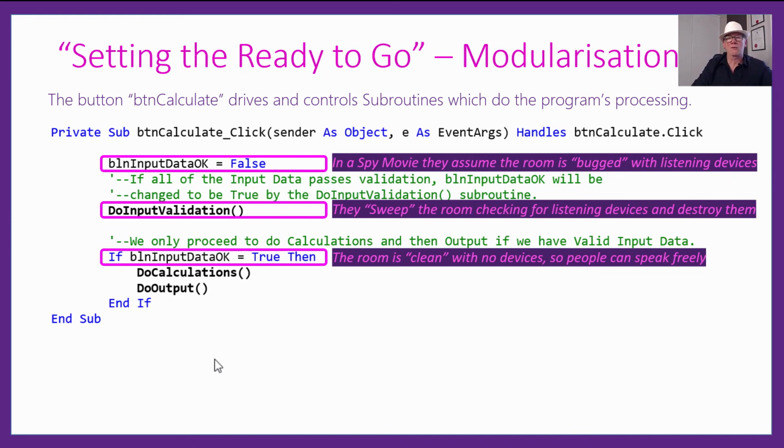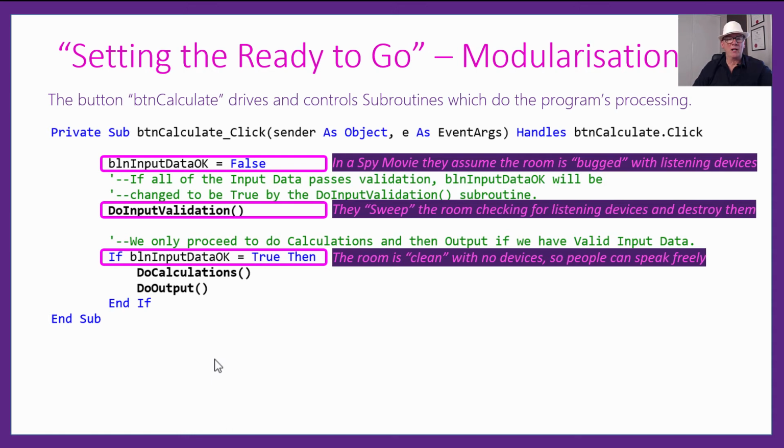So this is a really useful little set of standard code that you're going to use in every program you make. You're going to modularize it. You're going to set, okay, things aren't all right, let's set it to false. Let's do all of the checks that we need to do for the data, which is on the form and the radio buttons and things for this particular program. We'll put that in a whole separate big long if-else-if module called the do input validation subroutine.